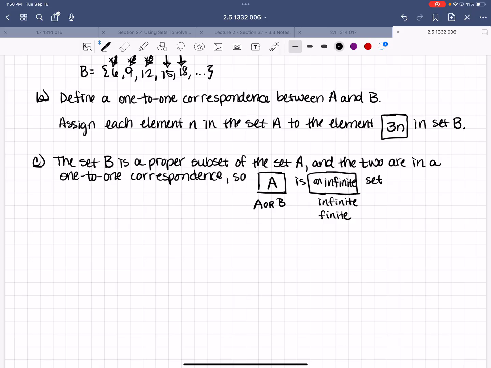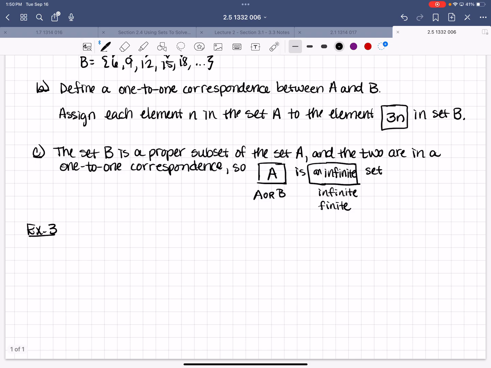All right, let's look at example 3. Now, most of your homework is like this, like the next 3, 4, 5, 6, 7, 5 examples. There's 7 examples total today, okay?